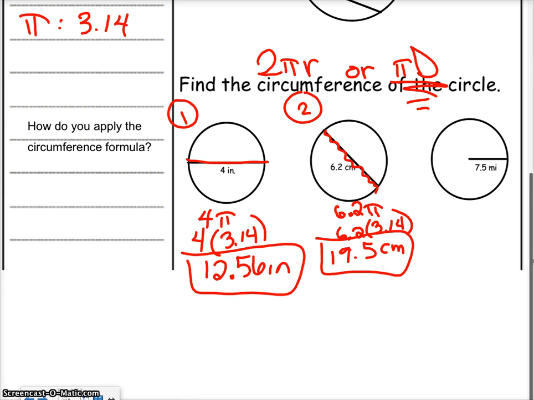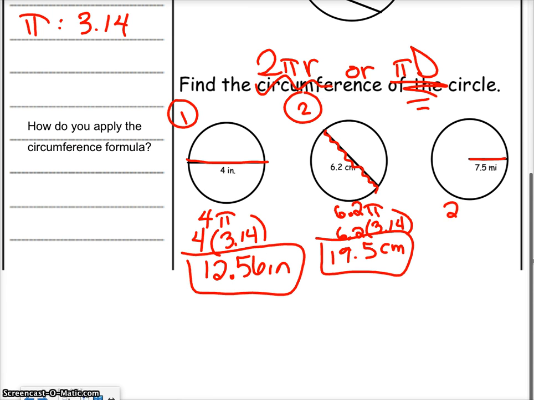Okay. Next one. Again, all I'm doing is applying the formula and using 3.14 for pi. 7.5. Is this a radius or diameter? Radius. So I'm going to use this formula, 2 times pi times the radius.